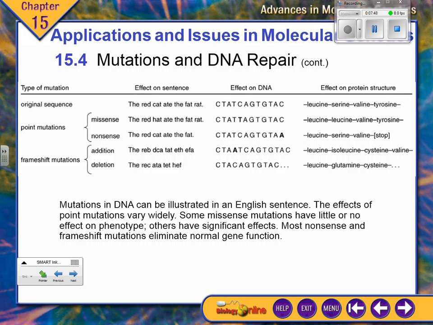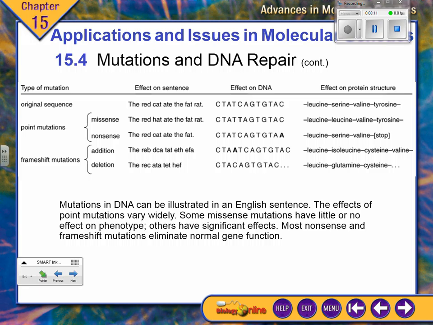So we're trying to show you an example here that you're really familiar with words and how they work. And so we use three-letter words to compare to the codons, right, for messenger RNA. So if it's a point mutation, if it's missense, we had a substitution, and it changed one word. The red hat ate the fat rat.